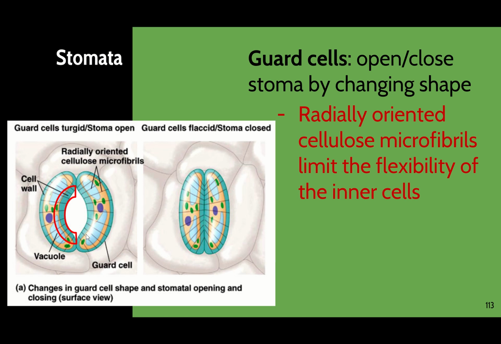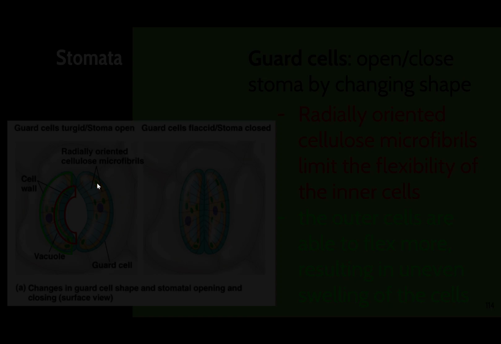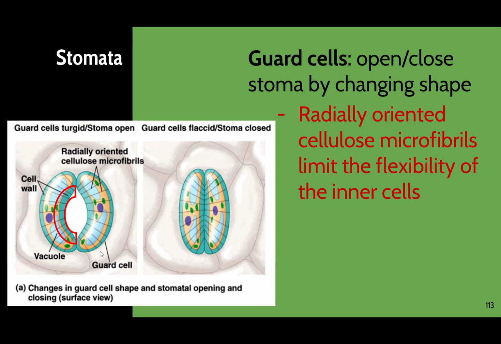These are going to be closer together on the inside of the stomata than they are on the outside of the stomata. That's what this red half circle is showing here. The radially oriented cellulose microfibrils constrict the movement of that side of the cell.